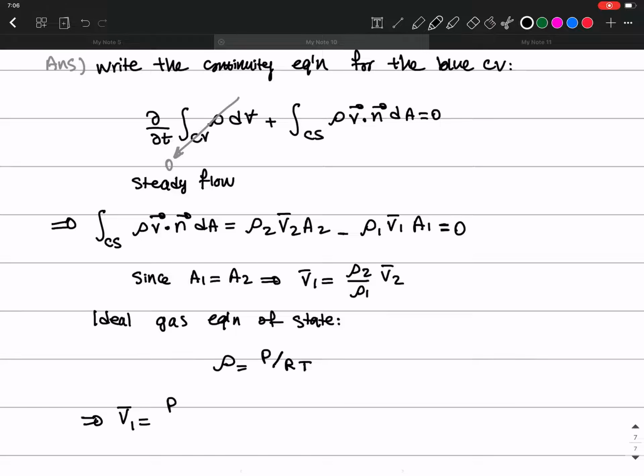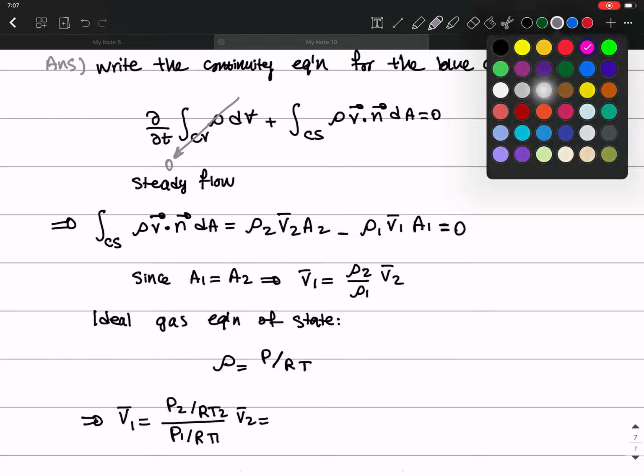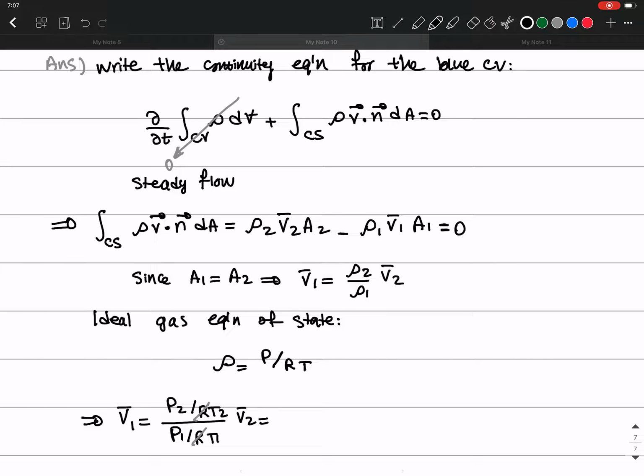So it's going to be P2 over RT2 over P1 over RT1, times v bar 2. And so these R's are going to cancel out. So I will only have P2 times T1 times v bar 2 over P1 times T2, right? This is what I'm going to have.